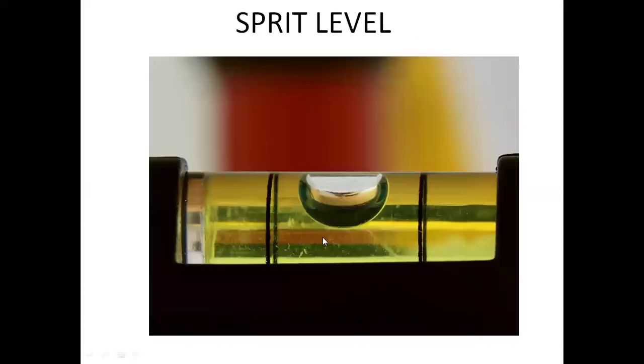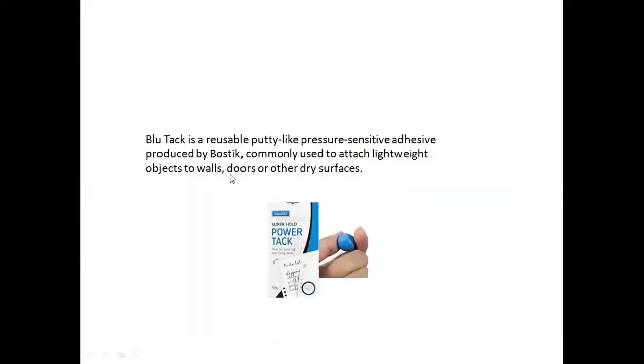See, this is a clearer diagram of the spirit level. This bubble moves depending on the level of the surface. And glue tack is used to join a few things. In the same way, suppose you are performing an experiment on the principle of moments, and suppose your meter rule is not exactly balanced at the 50 centimeter mark and you want to balance it there.